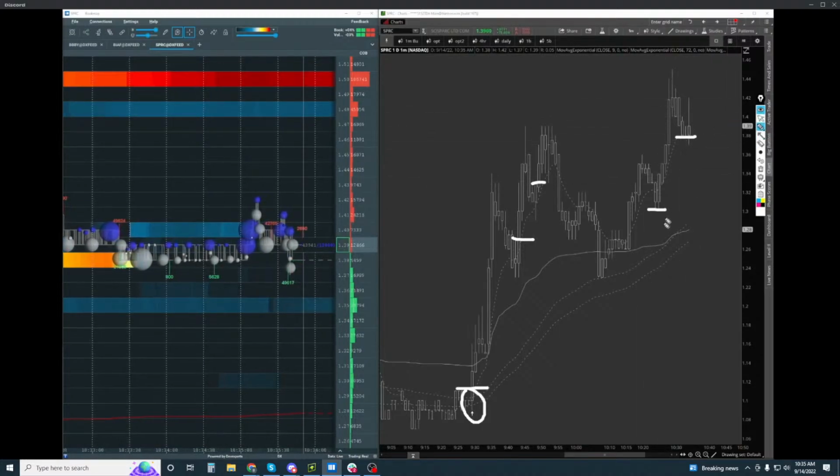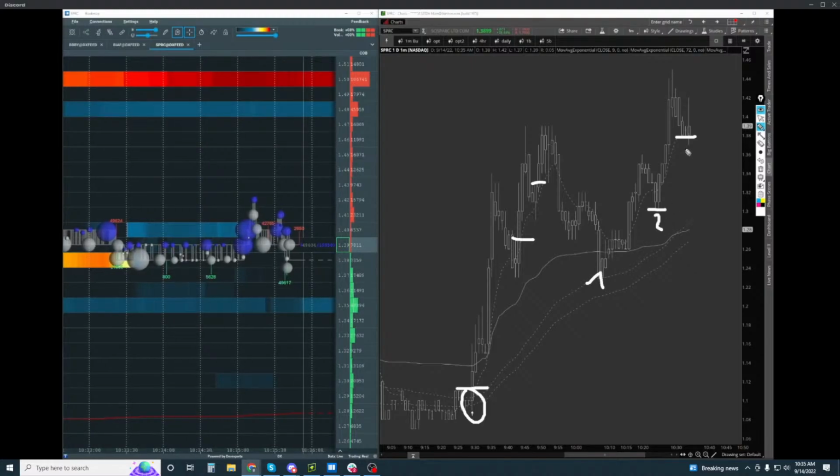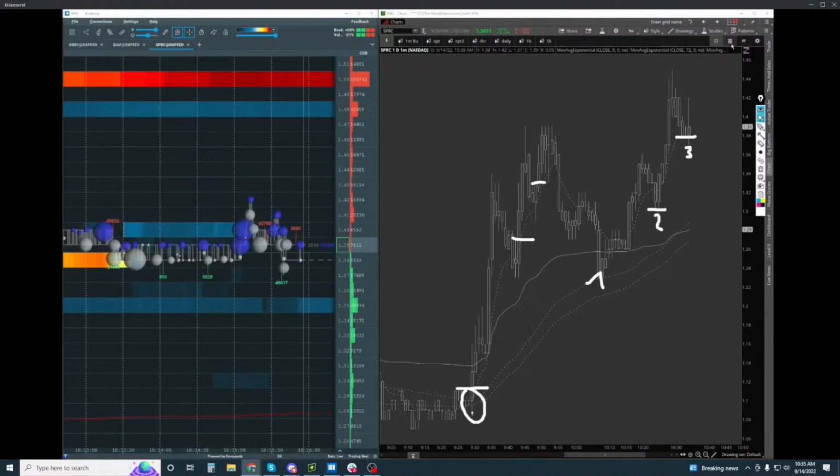So for now, just continue to put in higher lows, and until that 155, we're just waiting.